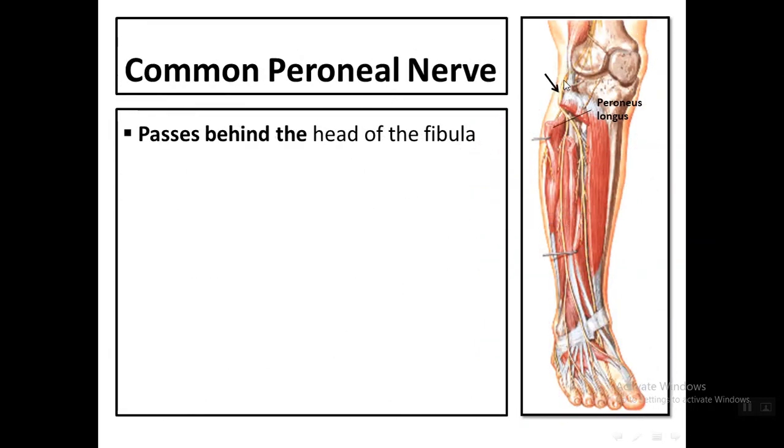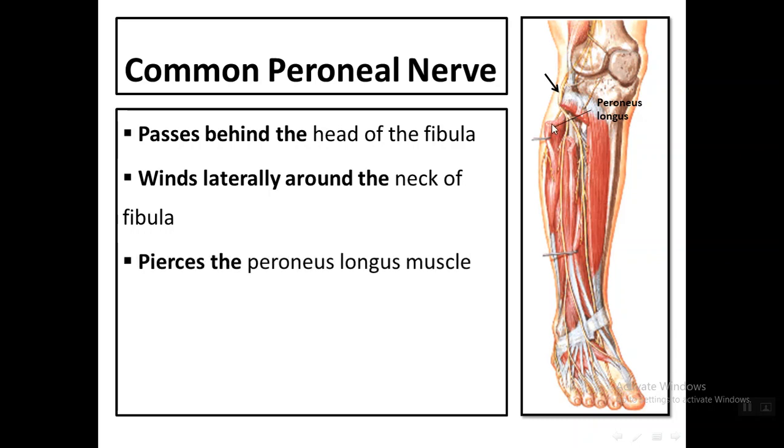Here we see the common peroneal nerve descending down, passing behind the head of the fibula, then it will wind laterally around the neck of the fibula, passing or piercing the peroneus longus muscle.